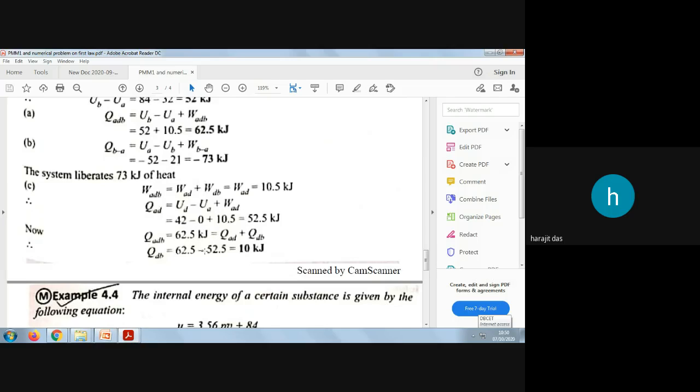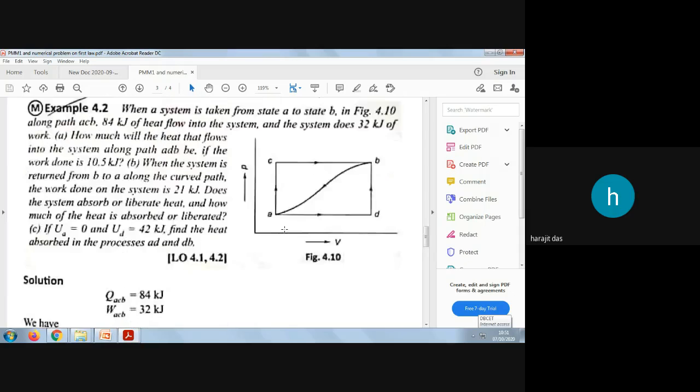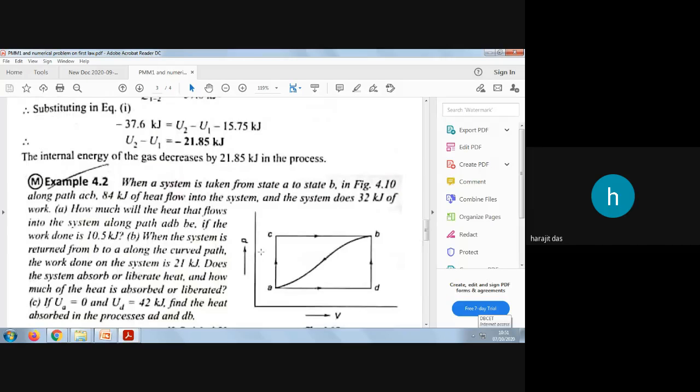So QADB will be 62.5 kilojoule. Understood? Because this much heat you need to add. QADB is QAD plus QDB, so QDB will be 62.5 minus 52.5, so 10 kilojoule. Understood?